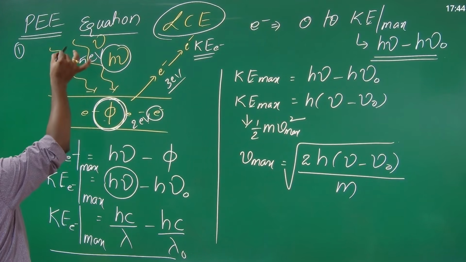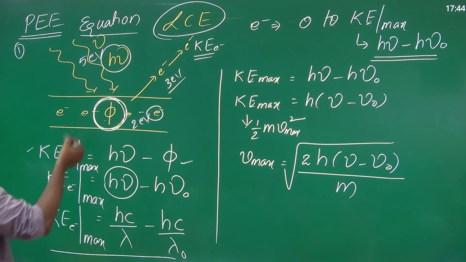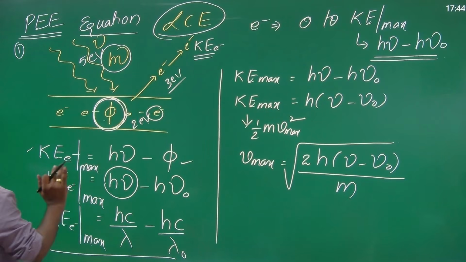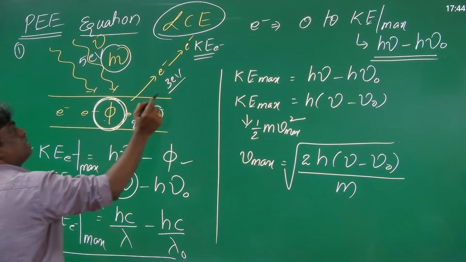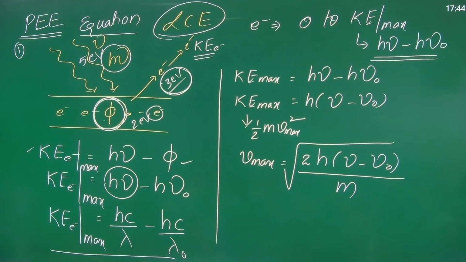That's why whatever you are sending, you subtract that minimum. Whatever the remaining is given as the kinetic energy of the electron, that electron is coming out with that kinetic energy. But that is the maximum possible kinetic energy. If anybody asks what is the range of kinetic energy of the electron, you can say 0 to some maximum value.